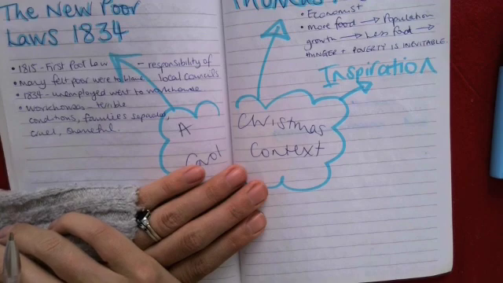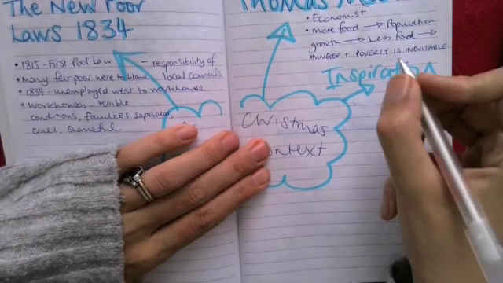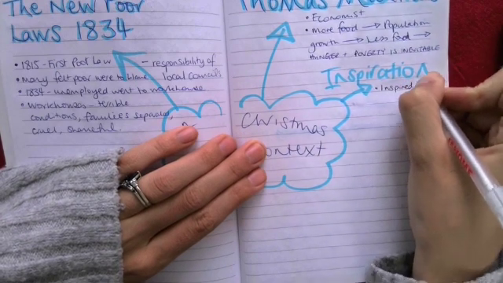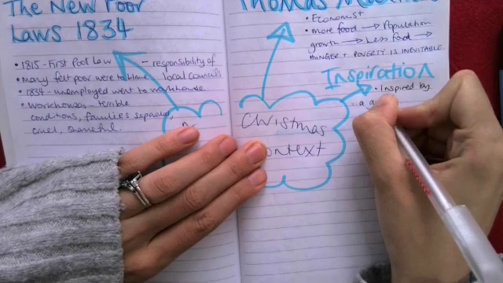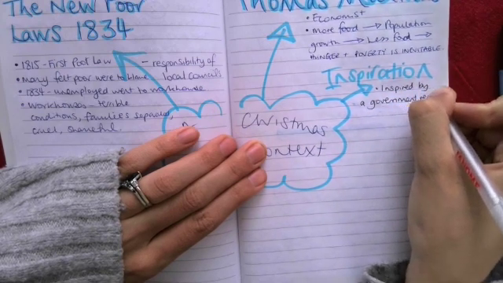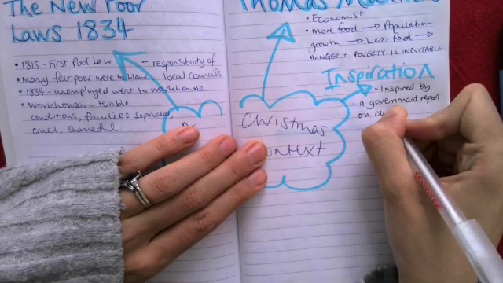So Dickens set out to write his pamphlet turned book in spring 1843, having just read the government report on child labour in the United Kingdom. So Christmas Carol was inspired by a government report on child labour.